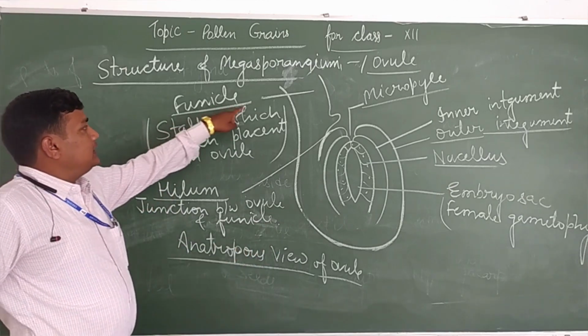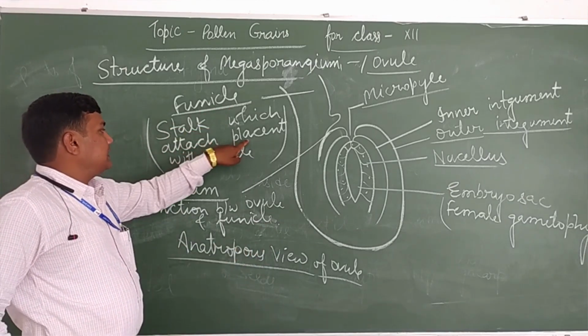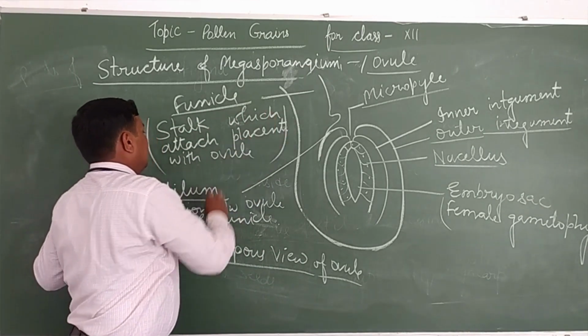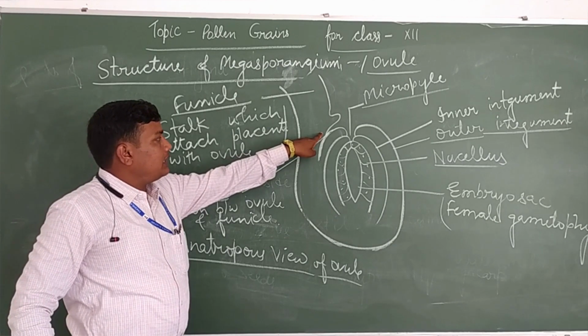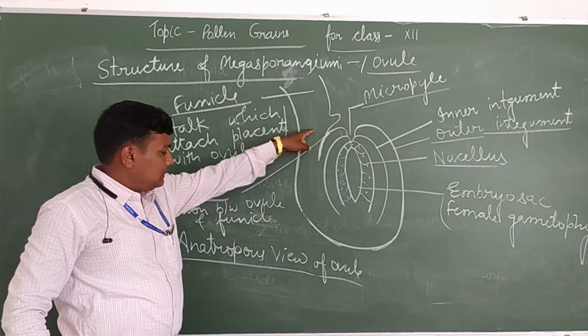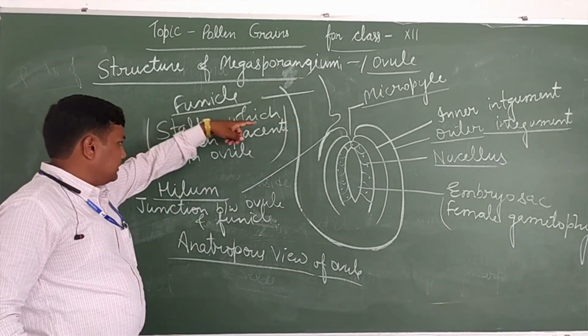So funicle is a stalk which attaches the placenta with the ovule, and hilum is the portion where funicle attaches with the ovule.